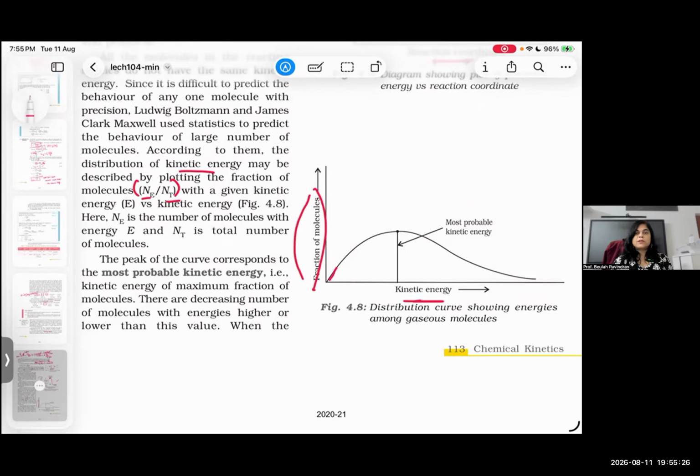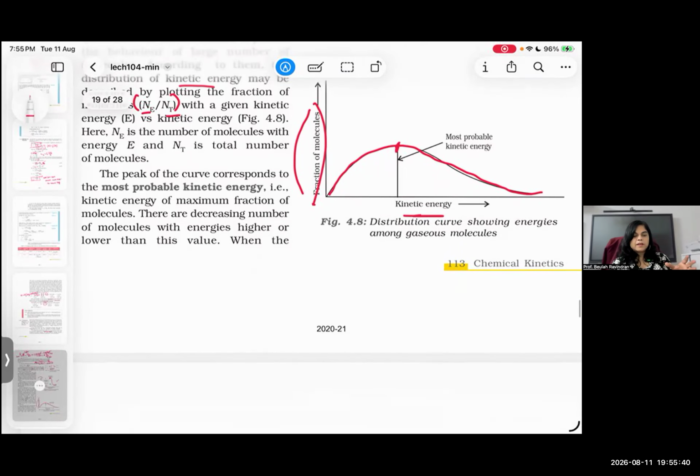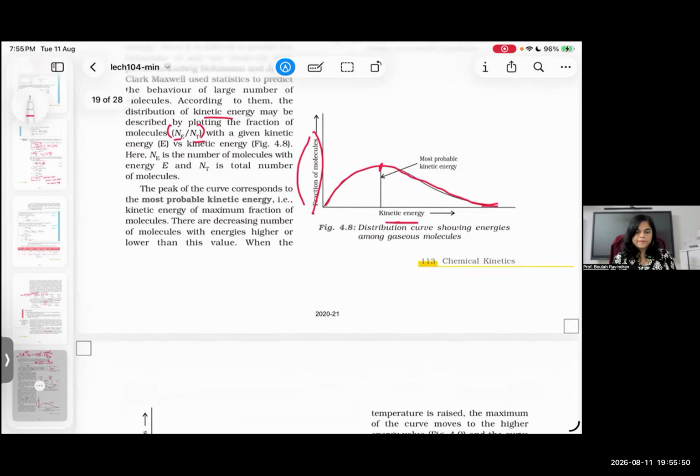It shows the distribution probability for the given kinetic energy versus kinetic energy. This is the most probable kinetic energy, the maximum, so the peak of the curve describes it. There are decreasing numbers of molecules with energy higher or lower than this value also. You can see the overall distribution that shows.